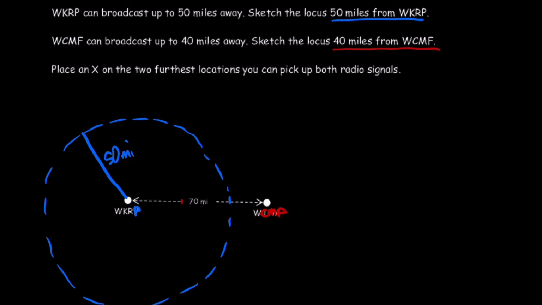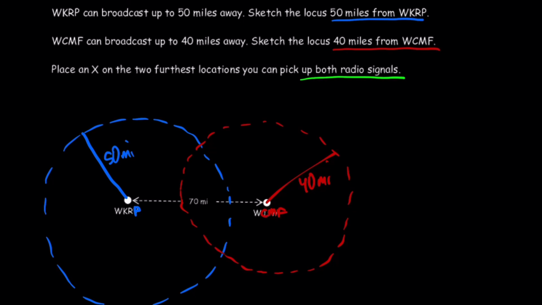Not quite as much as 50, so this circle should be a little bit smaller than the one we just sketched. Its radius is 40 miles. And then the last part, place an X on the 2 furthest locations you can pick up both radio signals. So that's where the blue circle and the red circle cross.